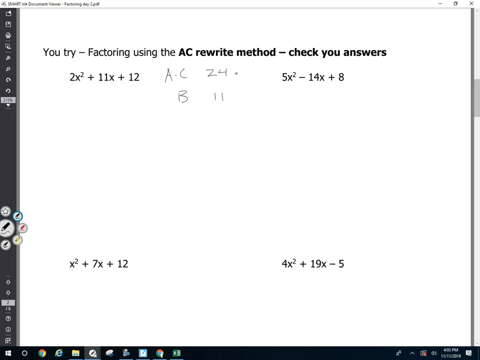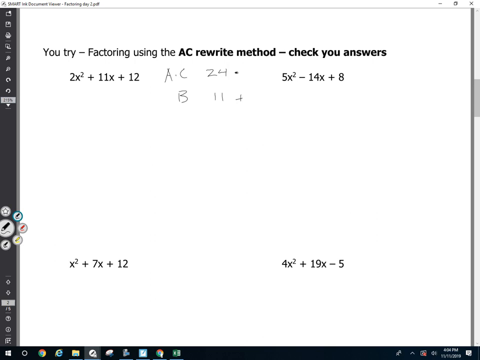Find two numbers that multiply to get A times C and add to get B. Mr. Charles, what two numbers multiply to get 24 and add to get 11? I'll give you options. 24 and 1, 12 and 2, 8 and 3, 6 and 4. 8 and 3. 8 and 3.